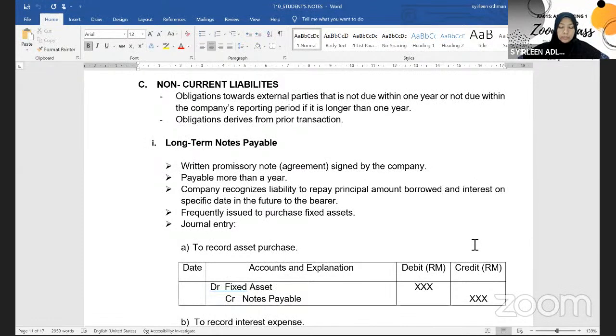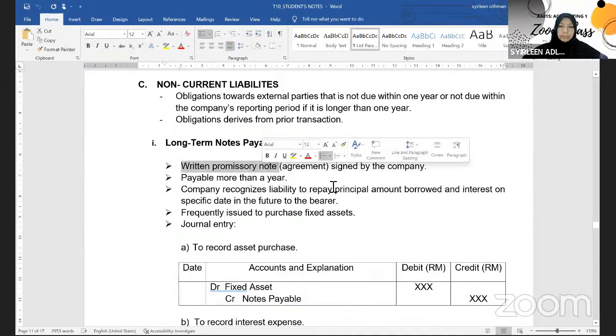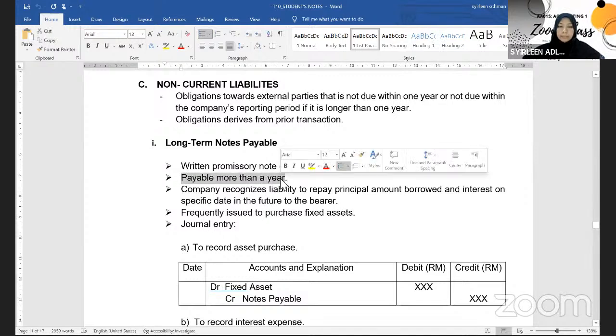As we all know, long-term notes payable is a written promissory note, an agreement signed by the company. But for long-term notes payable, tenure dia lebih lama, lebih daripada 12 bulan. So it is payable for more than a year, and the company recognizes a liability to repay the principal amount borrowed.